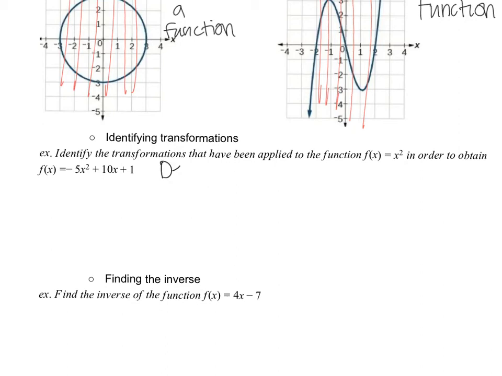So what we're going to do here is use Desmos, and graph our original function, f of x equals x squared, and then graph our new function, f of x equals negative 5x squared plus 10x plus 1. And we want to look at what we have to do to our original graph in order to get our new graph. So the first thing I've noticed, if you're looking at Desmos, is that they open in different directions.